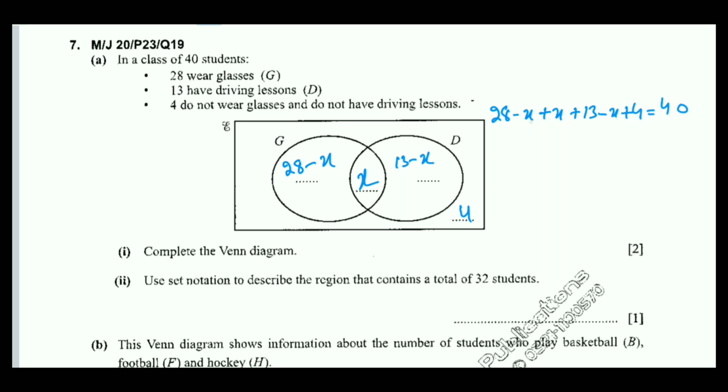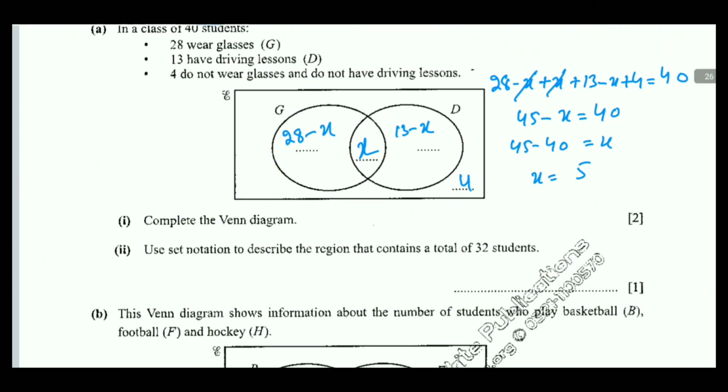You will make this equation. X and X combine. 28 plus 13 plus 4 is 45. 45 minus 40 is equal to X. X is equal to 5. Now you can erase these values and put the value of X in place of X and you will get the final answer.